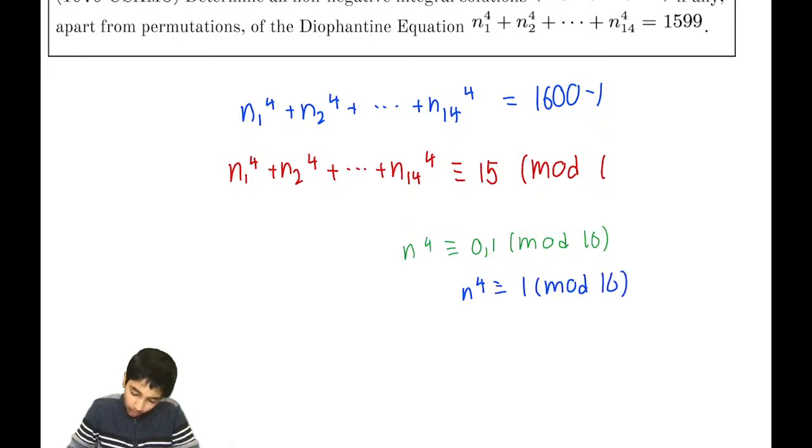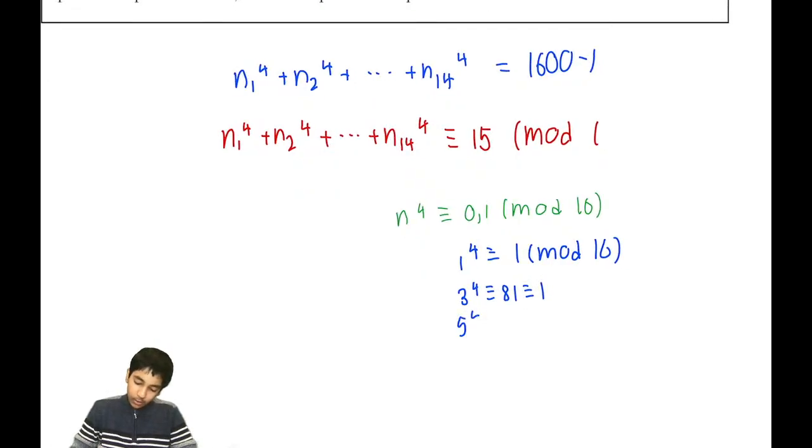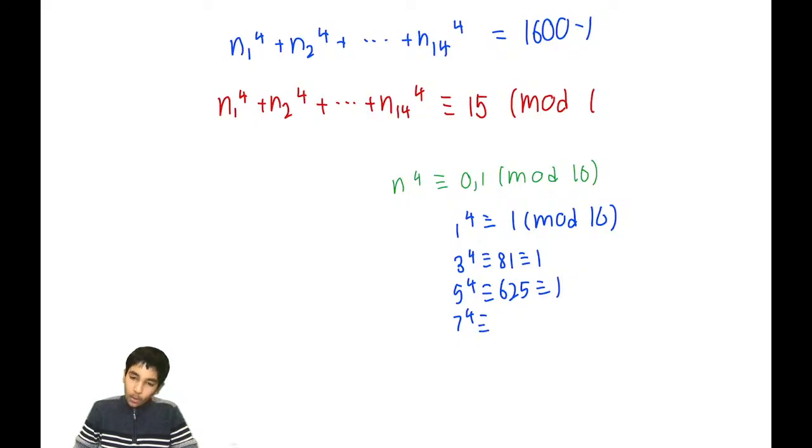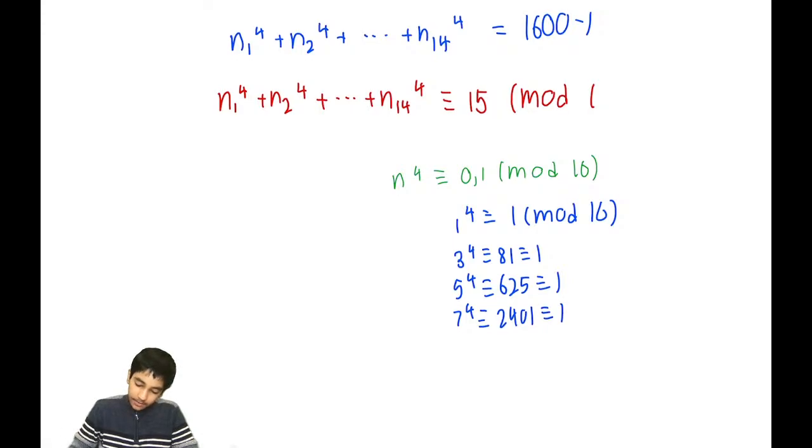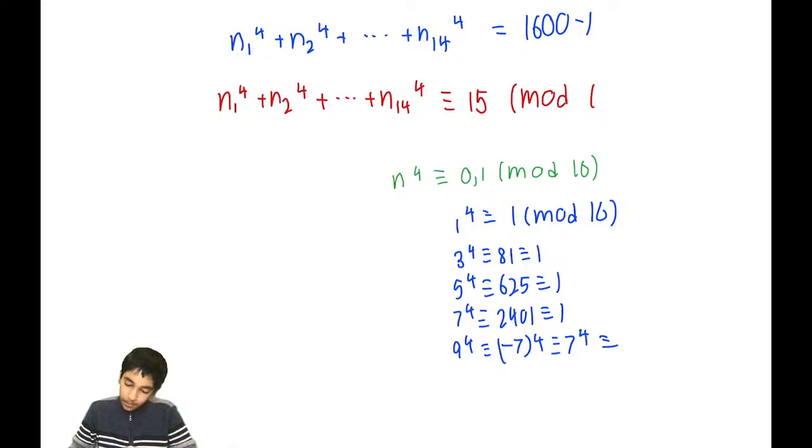So 1 to the 4 is equal to 1 mod 16. 3 to the 4 is 81, which is also 1 mod 16. 5 to the 4 is 625, which is also equal to 1 mod 16, and we can do the division out. 7 to the 4 is 2401, which is 49 squared, and we know that 2401 is also 1 mod 16. 9 to the 4 is (-7) to the 4, or 7 to the 4, because (-1) to the power 4 is just 1, so it is 1 mod 16.